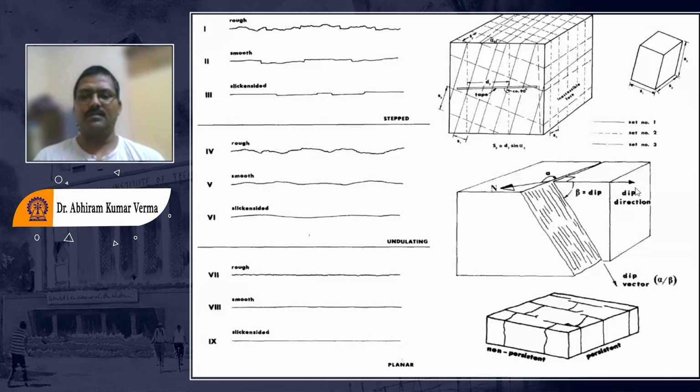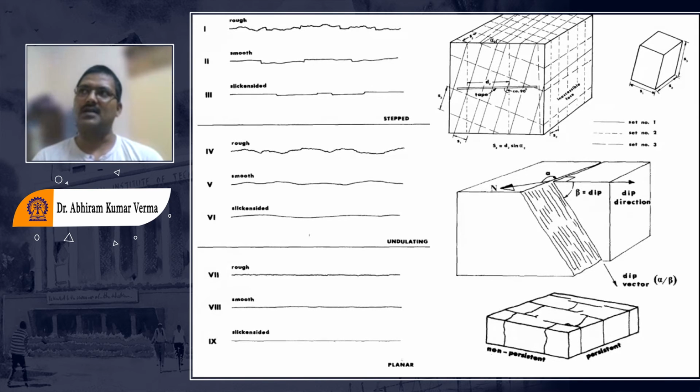And you can see the dip direction we have defined. We put the magnetic compass, and we can measure the orientation of this particular line, or the direction which shows you the largest dip. And how can we define the largest dip?